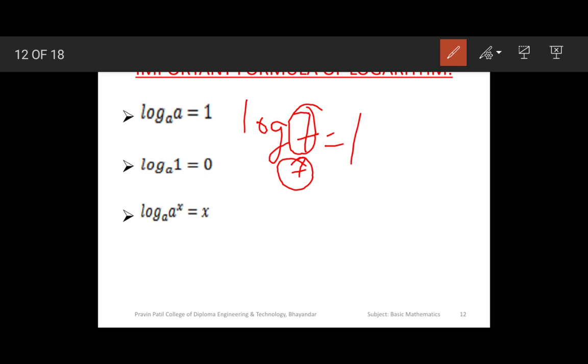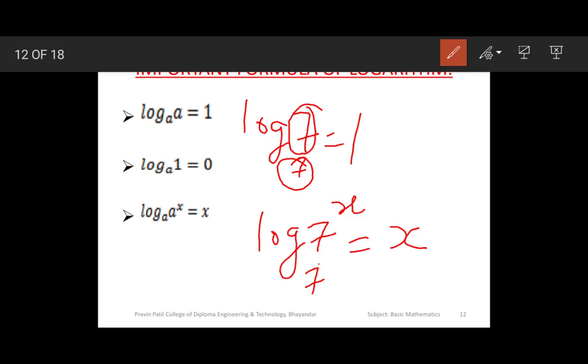Second formula says that log of 1 to any base is always 0. Clear? Log 1 to any base is equal to 0. So just remember, log 1 is 0. Third formula says that log a raised to x to the base a is equal to x. That means log 7 raised to x to the base 7 is equal to x.